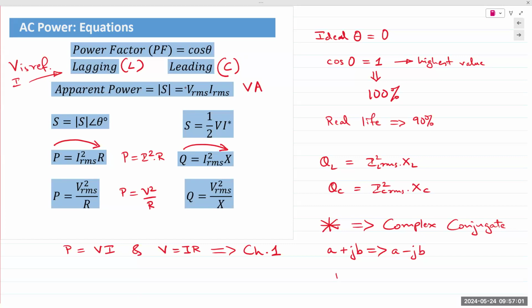Or if it's R with an angle of theta, that becomes R with an angle of minus theta. The imaginary number is flipped around the real axis. That's what it means to be a complex conjugate. These are phasors. V and I are phasors, so they are complex numbers. V and I in that equation are both complex numbers.